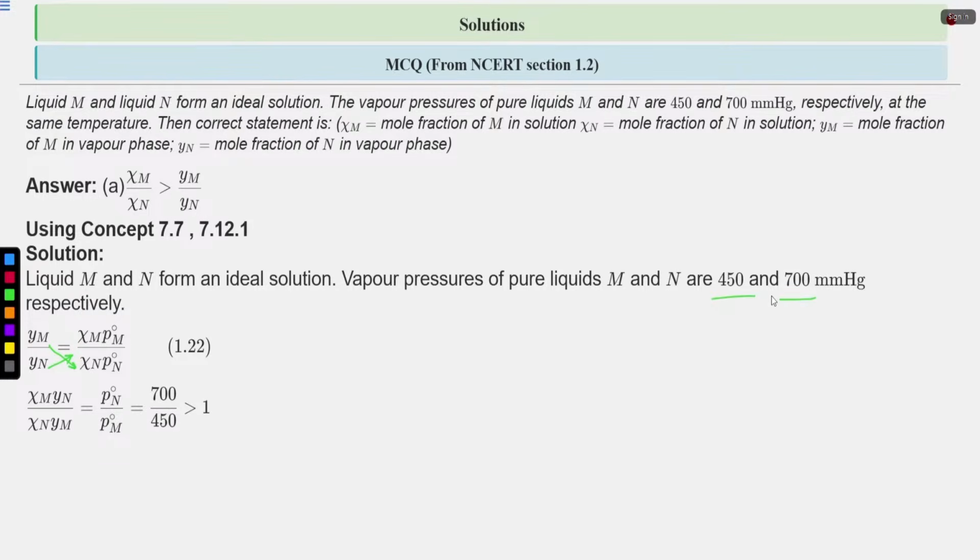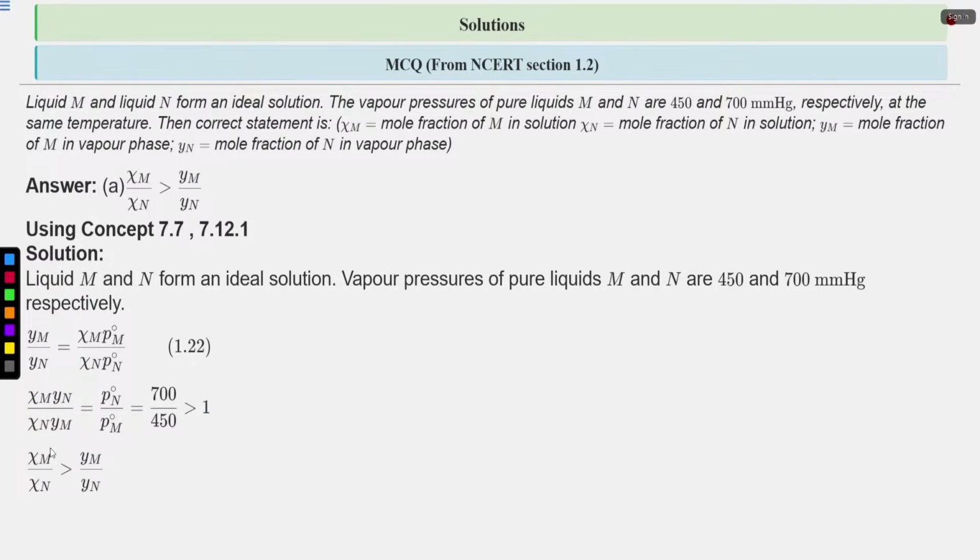As the denominator is smaller than the numerator, this fraction will be greater than 1, obviously. That means this fraction will be greater than 1, and if you rearrange this relation, that will also be a value greater than 1.